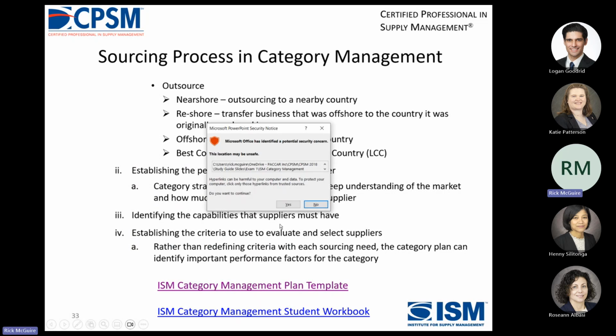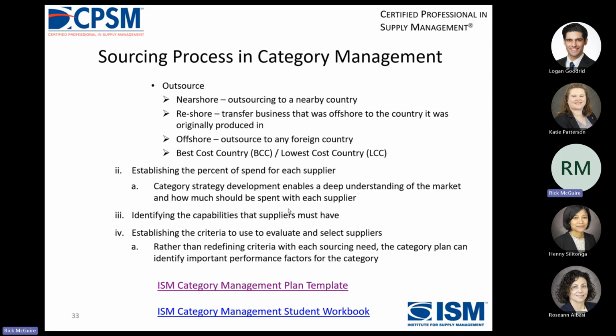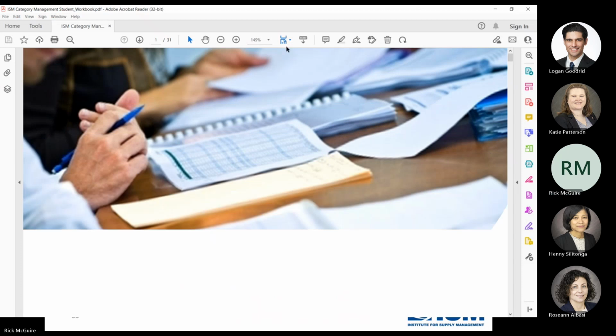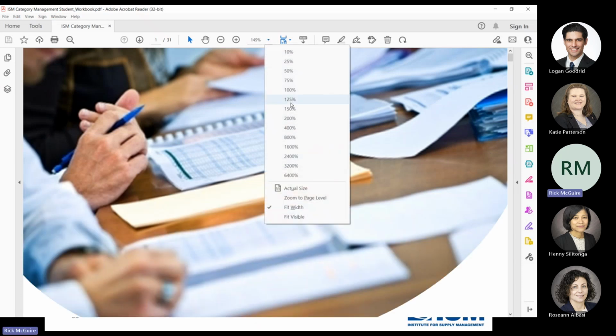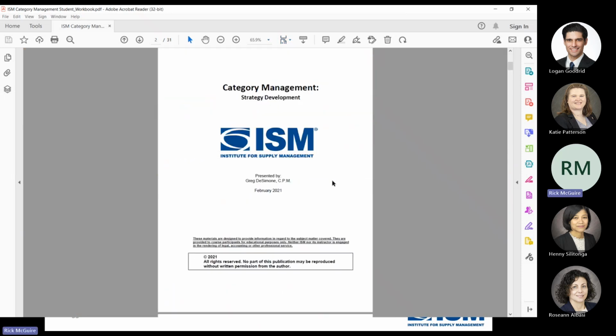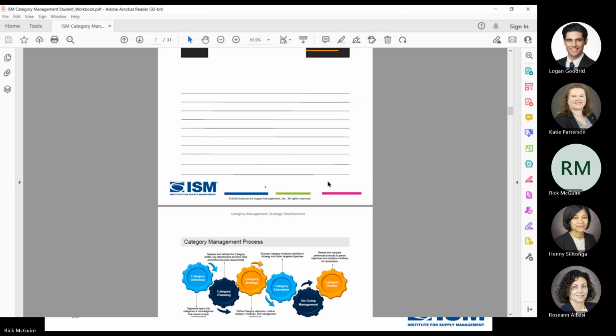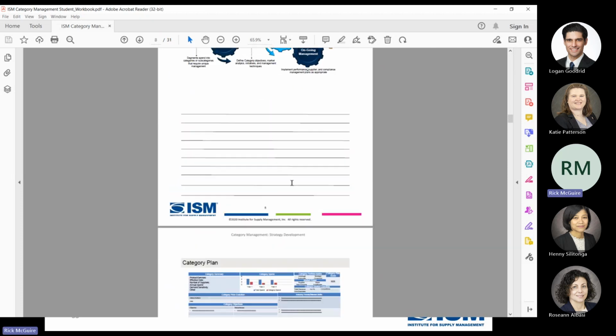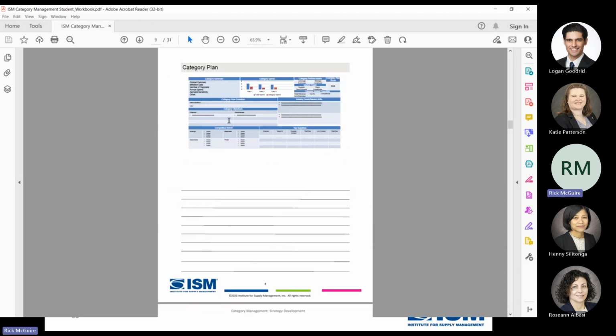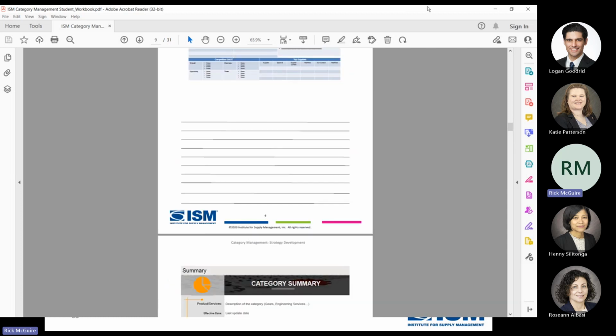And if you like that, here's a workbook you can use to work through it. This is from an ISM class, but it talks about each of these things, the category management process, and then here's the category plan and how to fill it out.